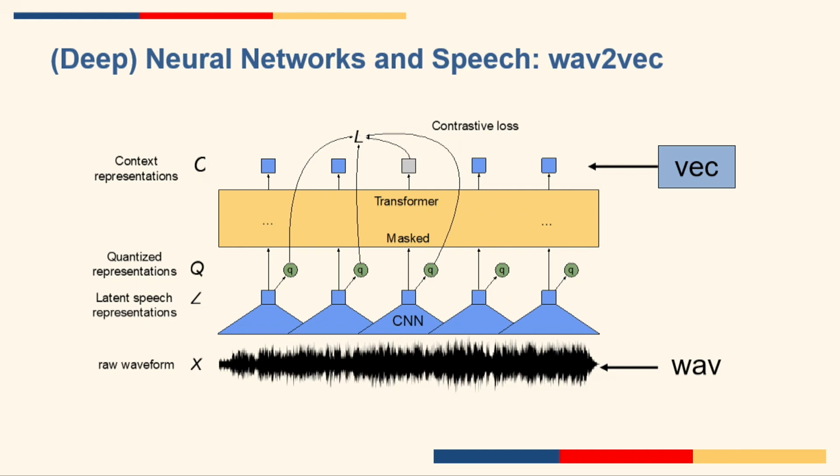This is a slide I copied from one of the previous talks. This is the architecture of wav2vec. You don't have to worry about how it works, really. This is a picture drawn bottom up, essentially. This is the input, and this is the output of the trained wav2vec network.